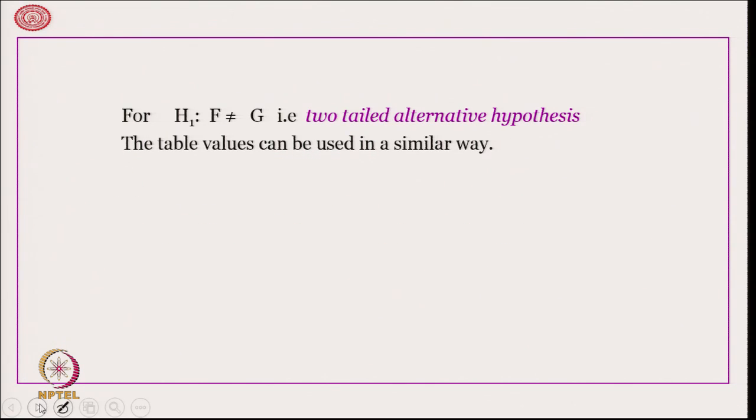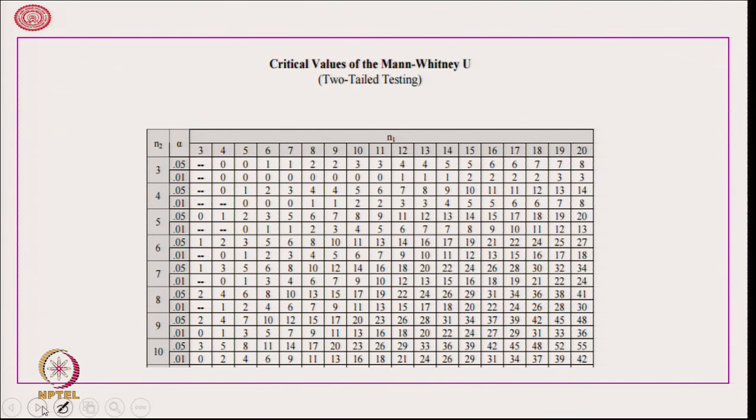For H1 being f is not equal to g, we shall check in a two-tailed alternative hypothesis in a very similar way. So, let us look at the Mann-Whitney U statistic table. For two-tailed, the values are given for different values of m and n, which are given as n1 and n2 respectively.